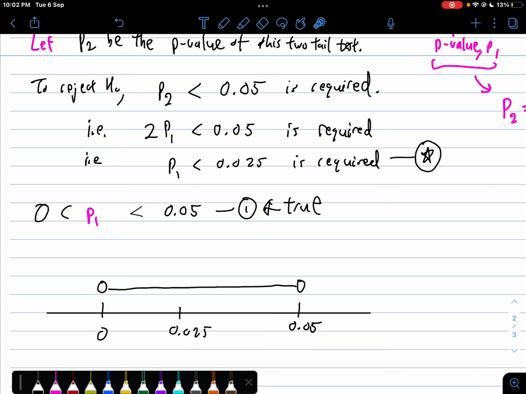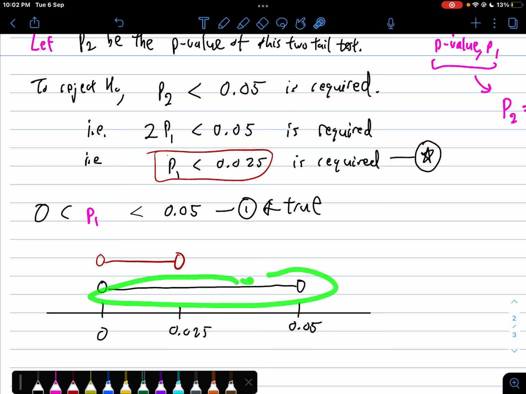Then how about the requirement? The requirement was that P1 needs to be less than 0.025, which means, of course, it also has to be more than 0. Probability cannot be negative. So that just means our requirement, maybe if I color code it in red, is this guy: 0 less than P1 less than 0.025.